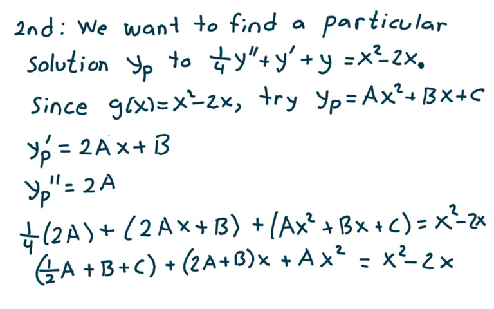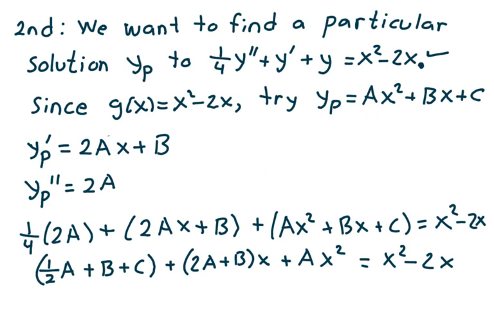Now, we're going to go ahead and make our substitution into this differential equation up here. And when we do, we get 1/4 times 2a plus 2ax plus b plus ax squared plus bx plus c is equal to x squared minus 2x. Now, I want you to notice what I did.